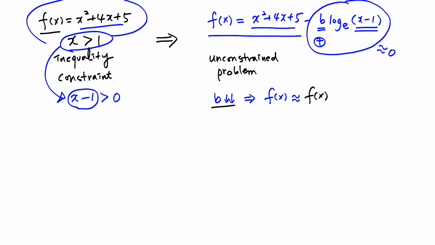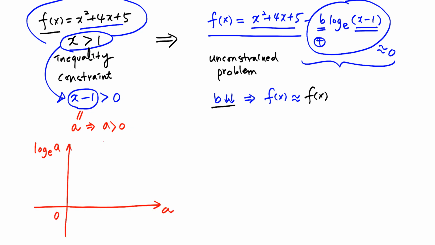Now I want to explain why we have this term here. Let me review the basics of a log function. This x minus 1, let's call it a. So we have a is greater than 0 now. And what is this log base e of a function? So let me plot this function, and note that a must be greater than 0 because we will have a function something like this. And what if a is 1?